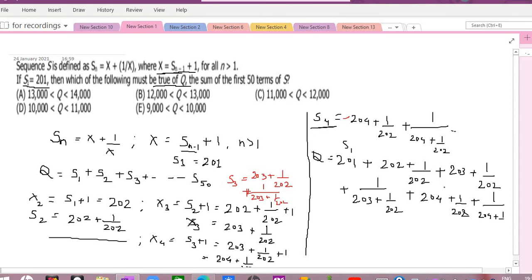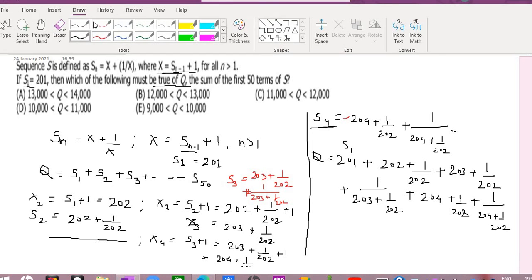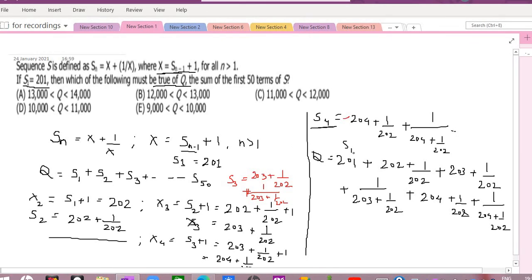So I hope I'm not missing out on anything. This is x3, this is x4. Okay, 201 plus 202. So you see, the point is, now I hope you have understood the pattern. What is the pattern that I'm talking about?